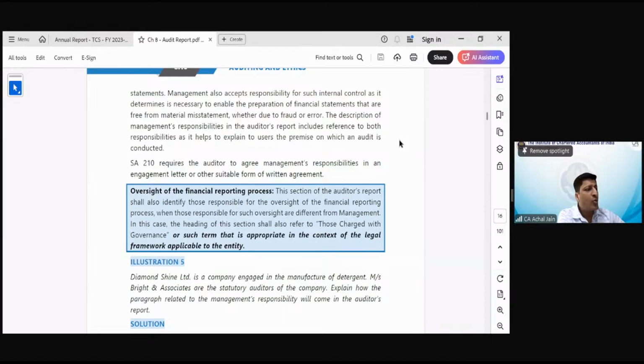What all things will you include as regards the management's responsibility? Over to you quickly. Even if you provide the pointers, I think that will be helpful, because please remember, you may be required to draft all of these things. So that's why it's very, very important.